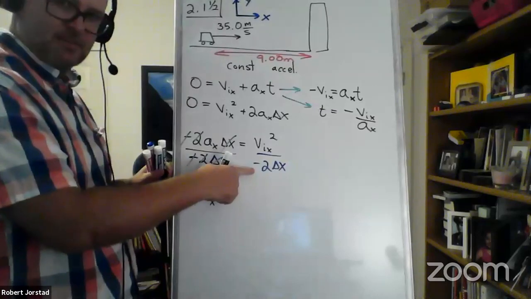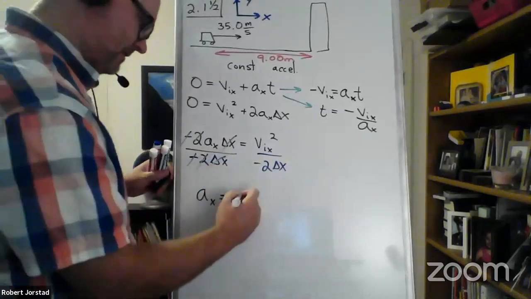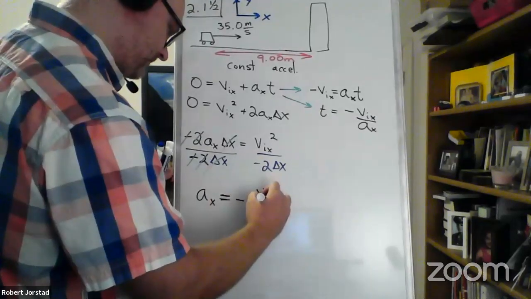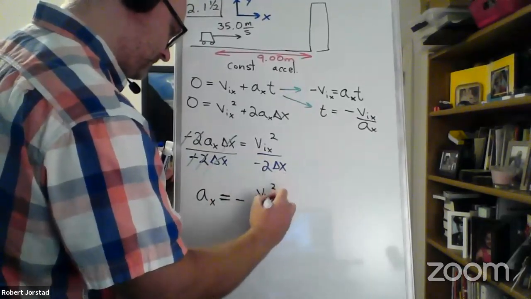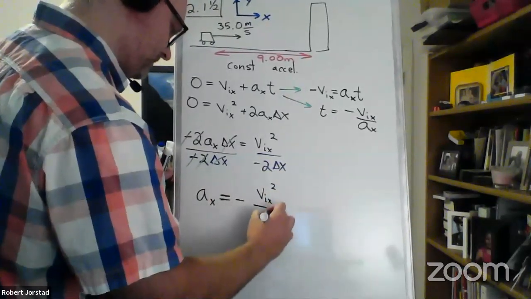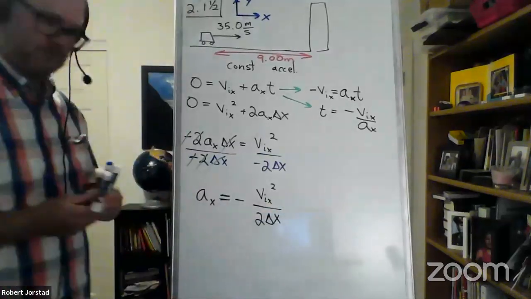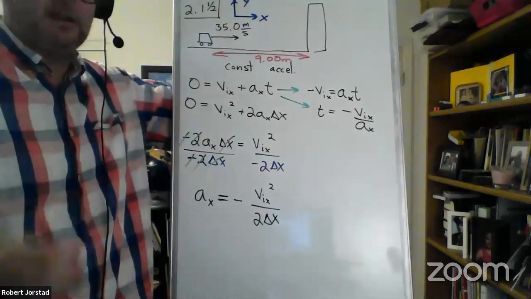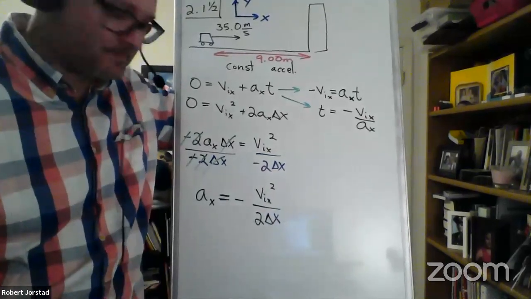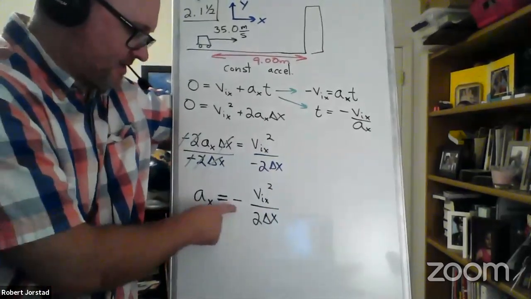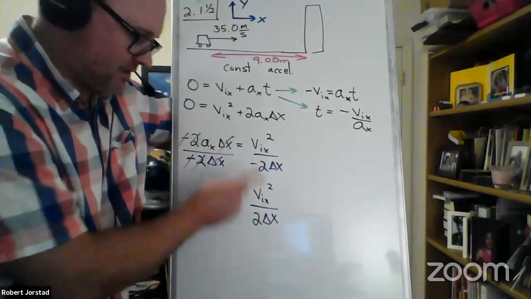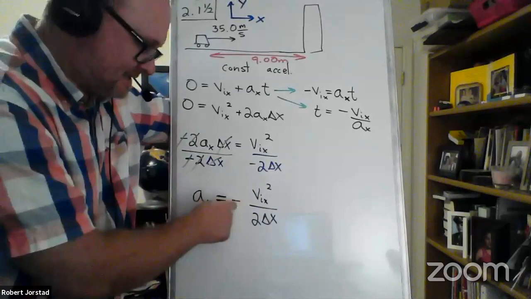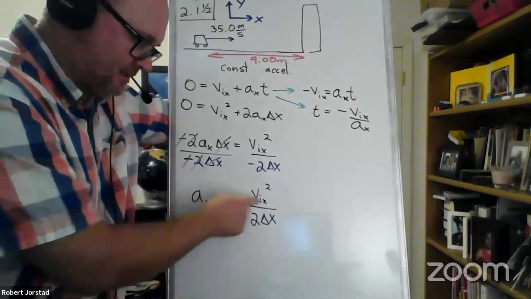And it's customary to bring the minus signs out front. Now I have a question for you. You can see I said a sub x equals negative v initial x squared over 2 delta x. The question is this: does this minus sign get canceled by that squared?